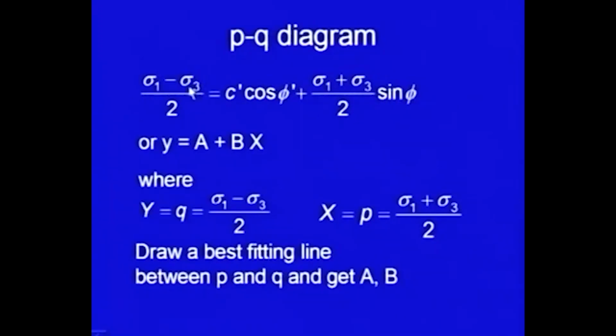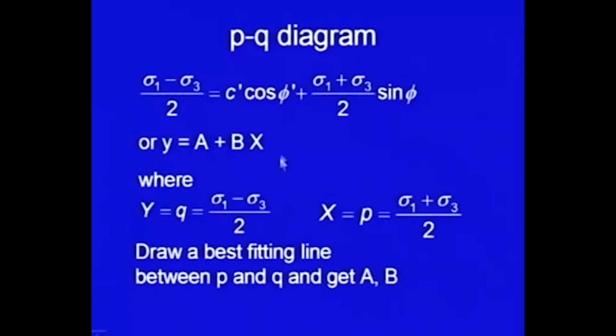I can write it as y is equal to a plus b x, where y is equal to (sigma 1 minus sigma 3)/2 and x is equal to (sigma 1 plus sigma 3)/2. These two values we will be calling p and q.